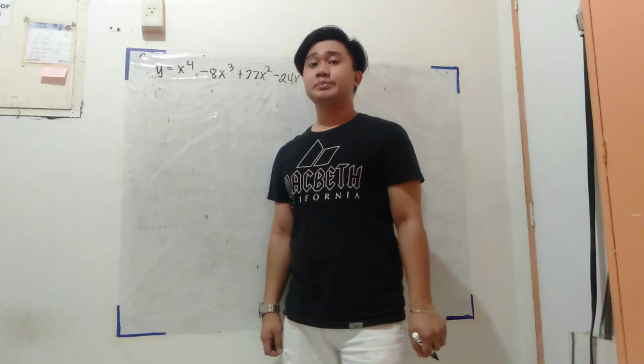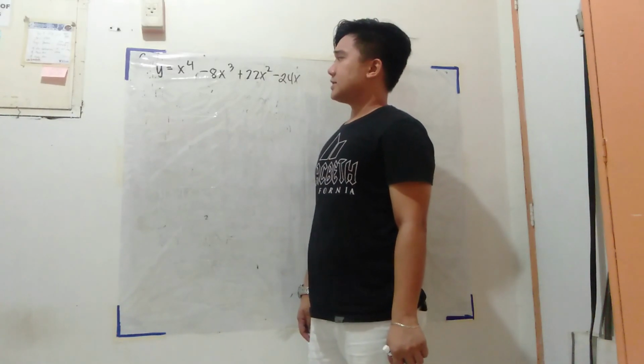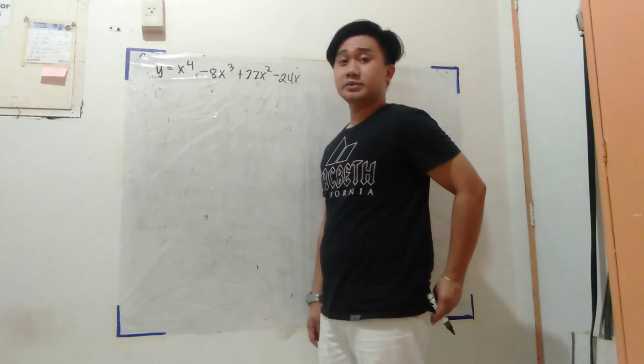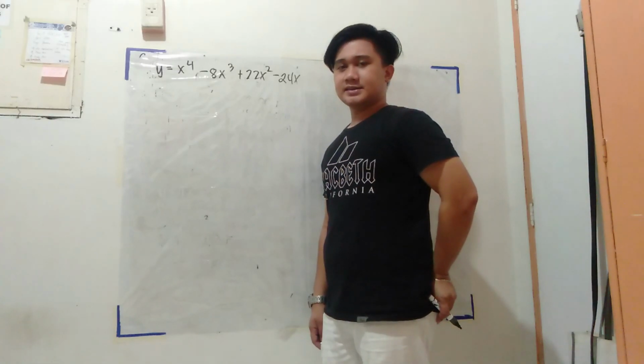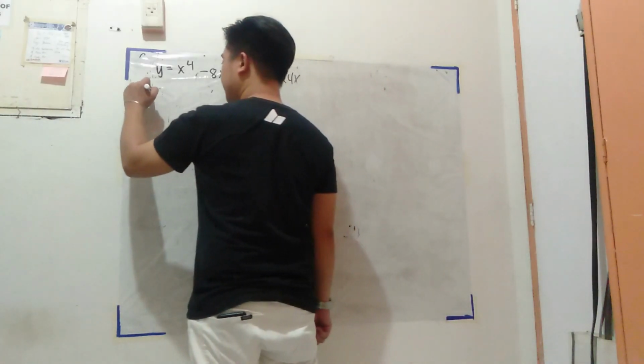Let's have the third example. So, I have here x raised to 4 minus 8x cubed plus 22x squared minus 24x. So, let us find the critical points. Again, the first step is to find the first derivative or y prime.